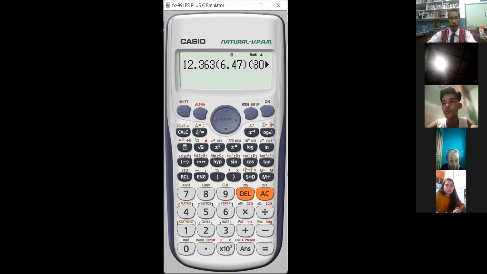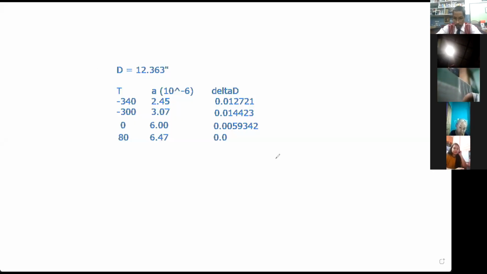Okay, any question with regards to this problem? Okay, let's go back to our whiteboard. Since we already know about this, I don't hear any question. So please do the rest of the example using the table.